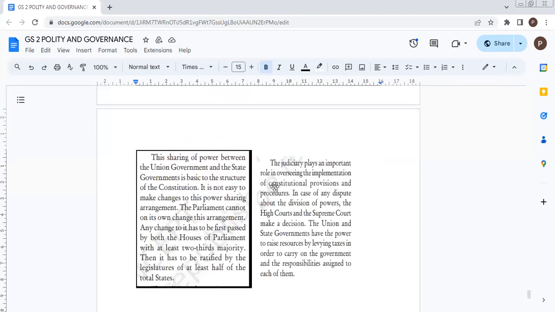जहां पर हम देखते हैं कि 2/3 majority. So we can say that every law in each list is made with simple majority.